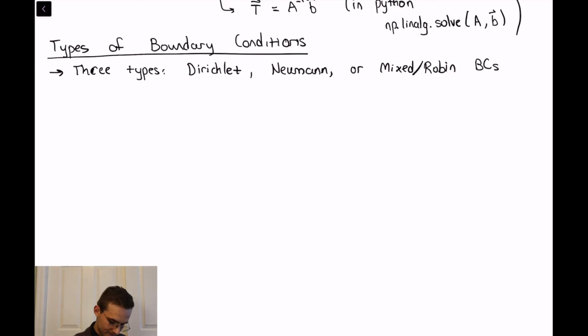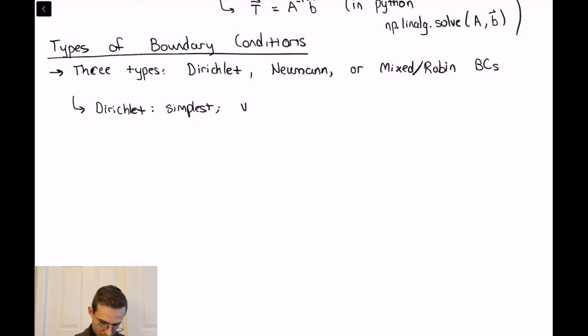So Dirichlet is the simplest type. This is where you specify the value of the dependent variable at the boundary. So this is the simplest.